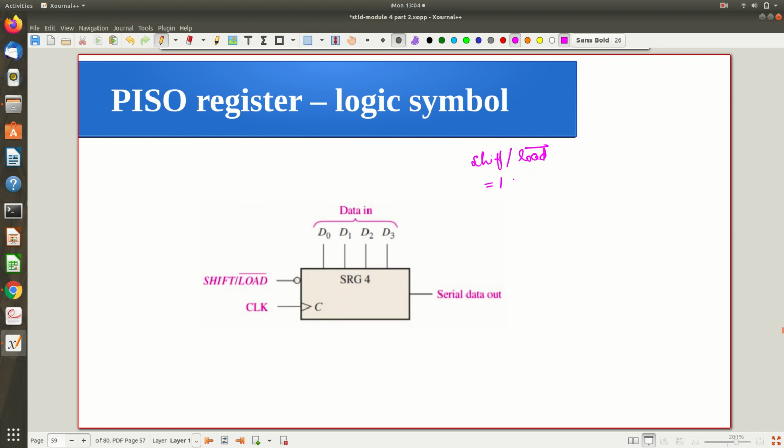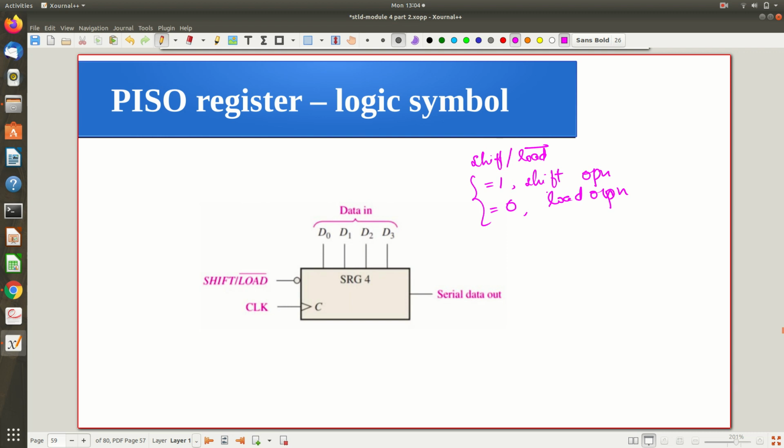Its negation is applied to what is actually our select line, right? So the select line will select the shift operation, and that also depends on how you are applying the input. Here what I mean is that I want to apply shifting there. Similarly, whenever this is equal to 0, the load bar is equal to 1, so this will do the load operation. So this is what we need from this kind of notation.